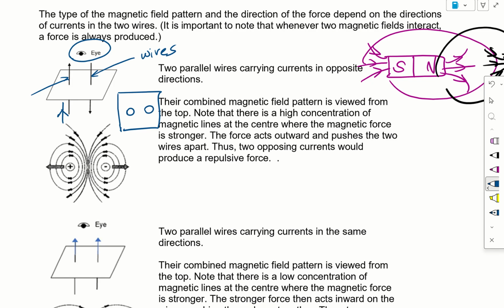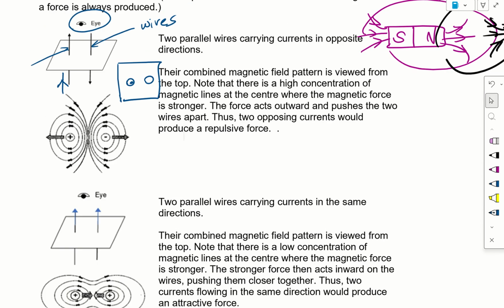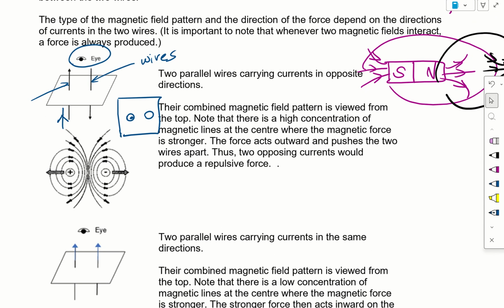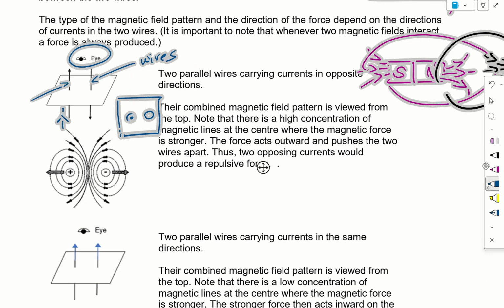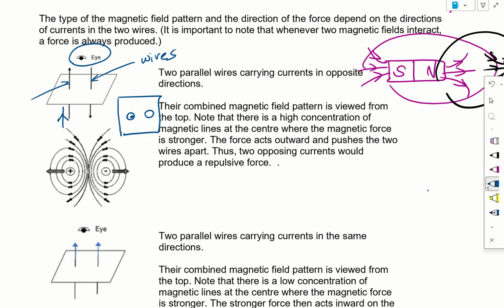Therefore, I'll be using a dot. Whereby for this, I need to make an amendment here. I need to change the current's direction for this wire to be going down, and this one will be going up.